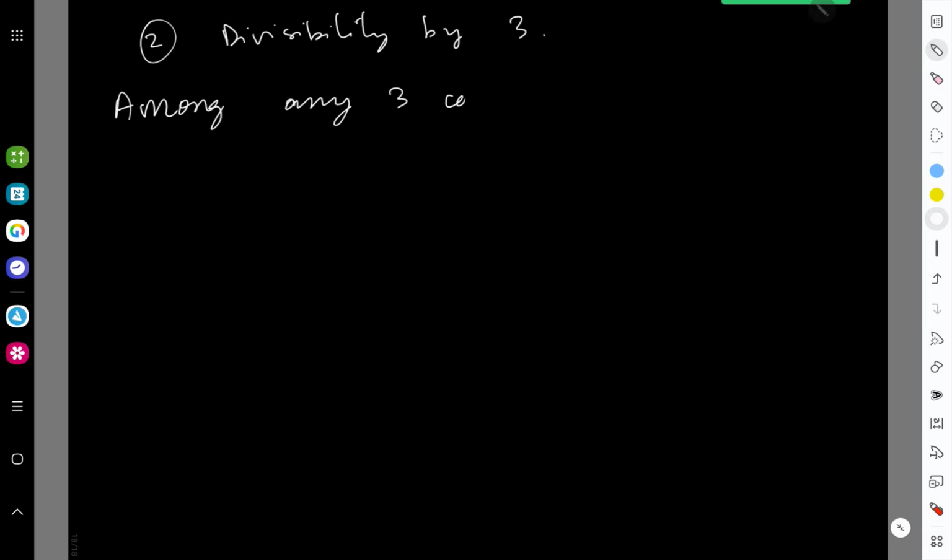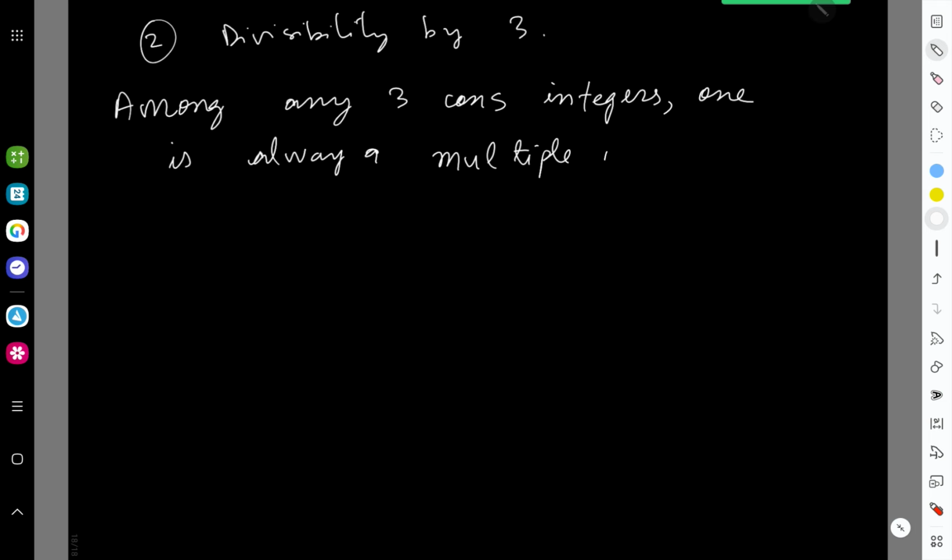Now let us check for divisibility by 3. Among any 3 consecutive integers, one is always a multiple of 3.